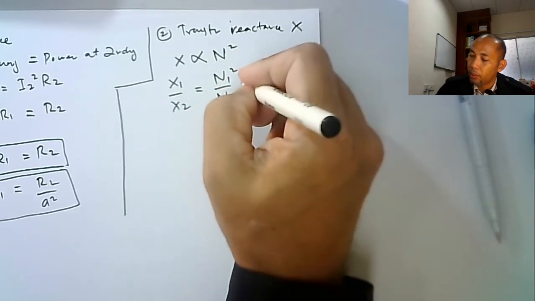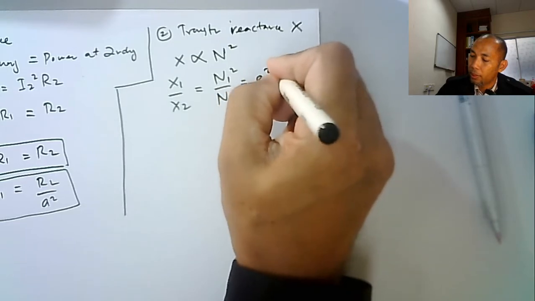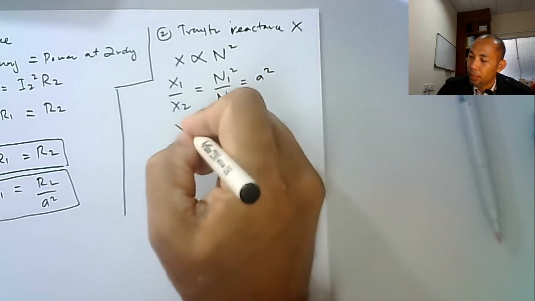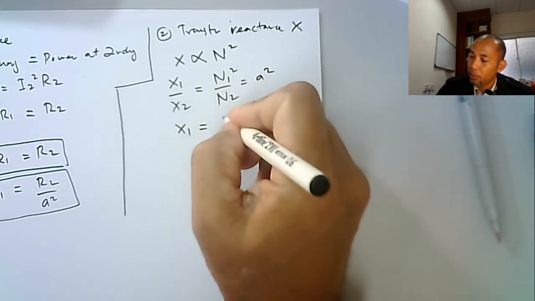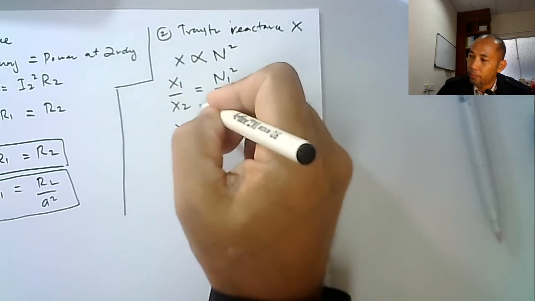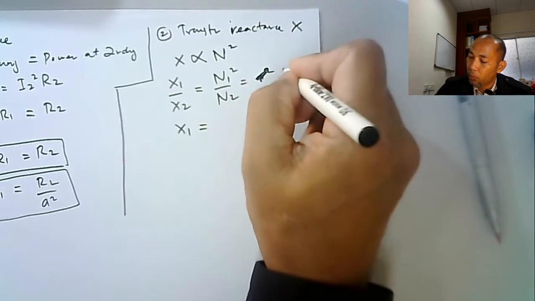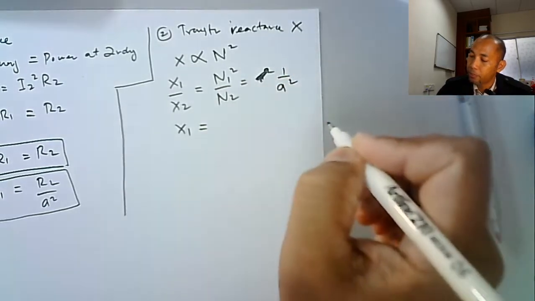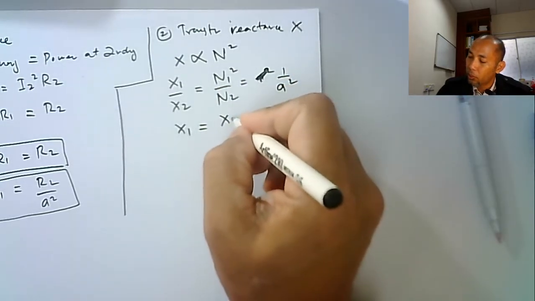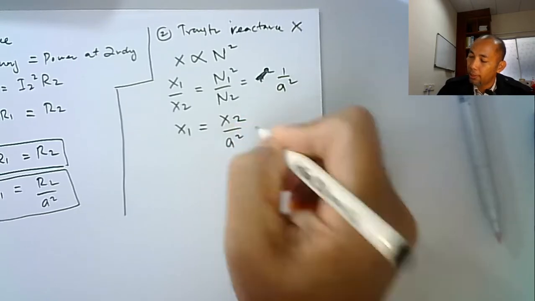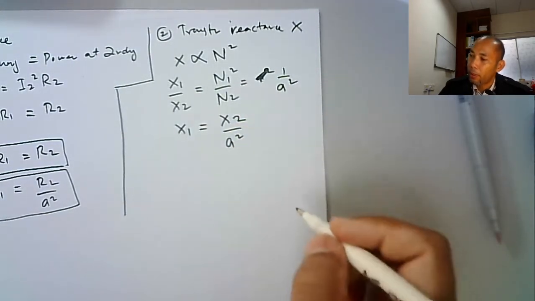So we'll get this one is equal to A square. Sorry, this one is N1 over N2, so 1 per A square. So X1 equal to X2 over A square.